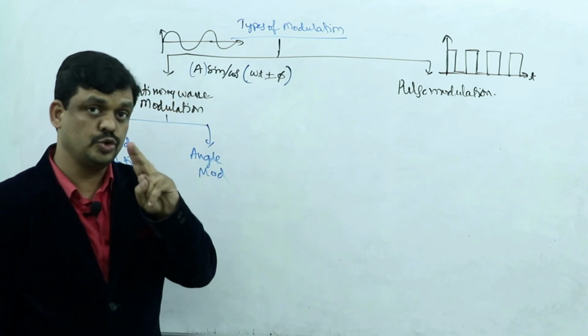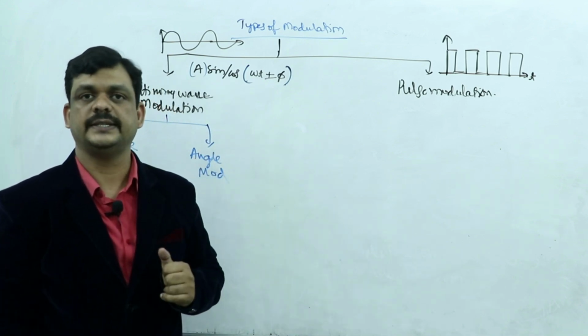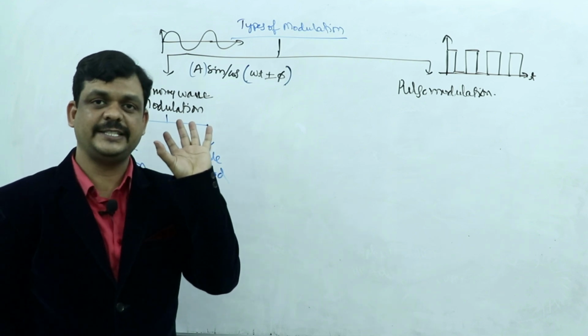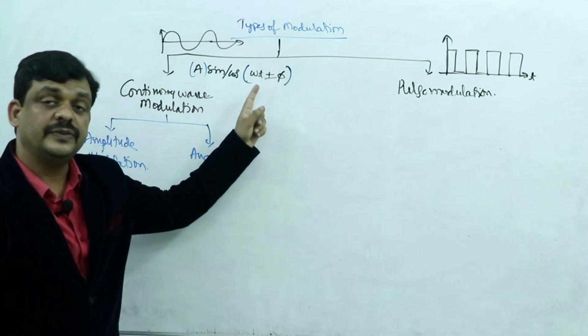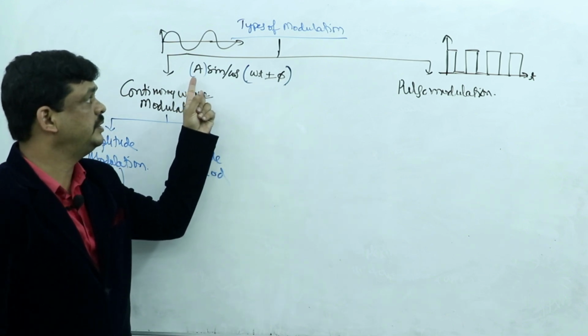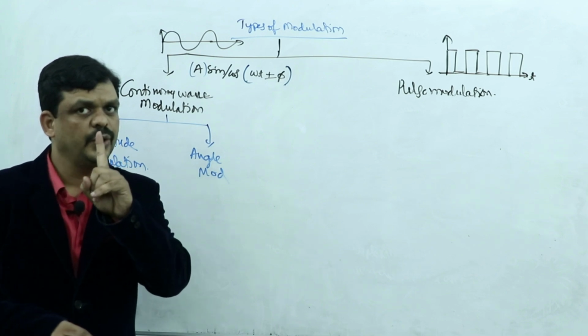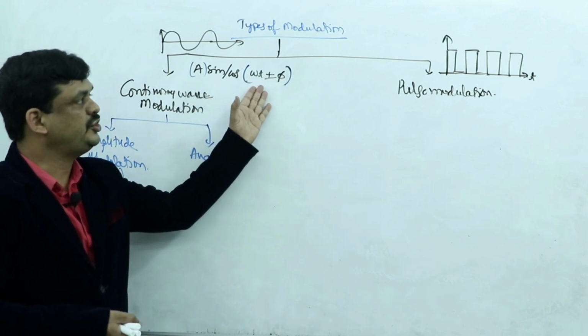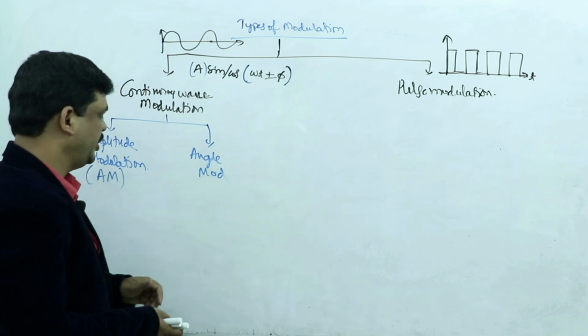So internally it has two parameters, frequency and phase. If the frequency of the carrier signal changes, that means the angle part changes, and the amplitude part should be constant. We have to change only one parameter. Angle changes, amplitude is constant, then the modulation process is called angle modulation.